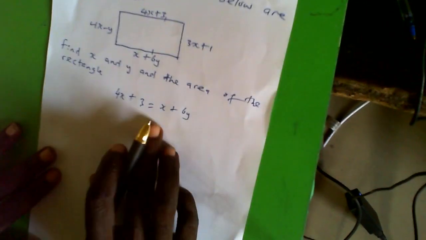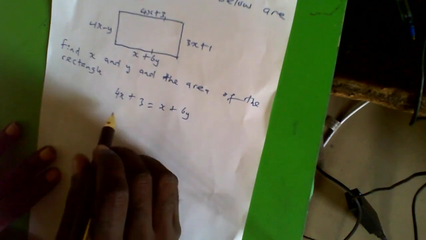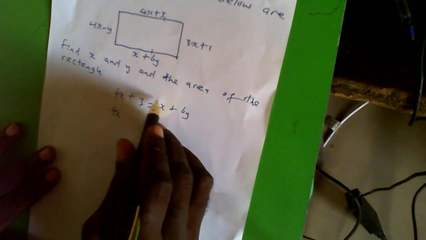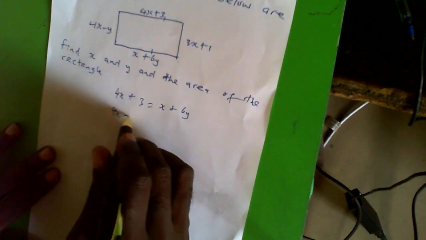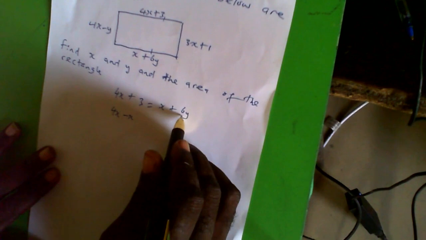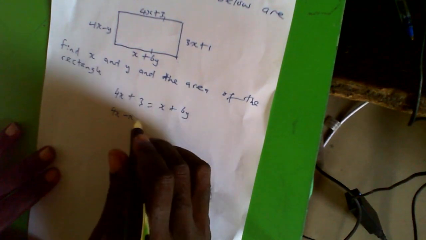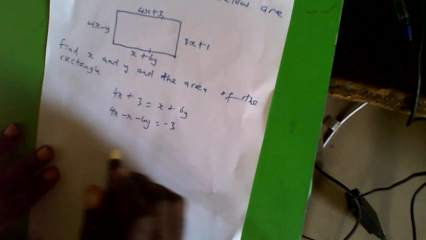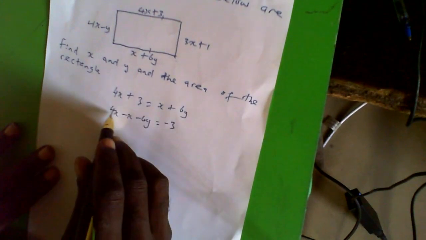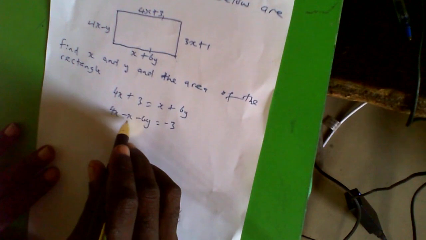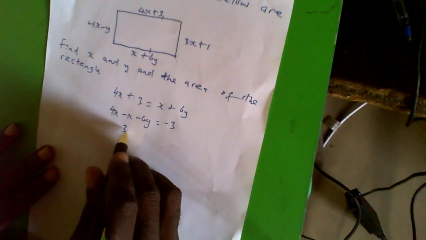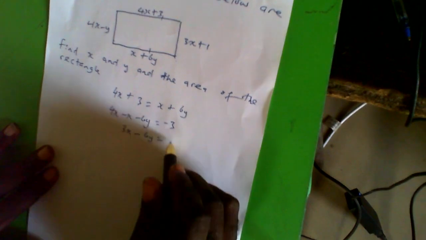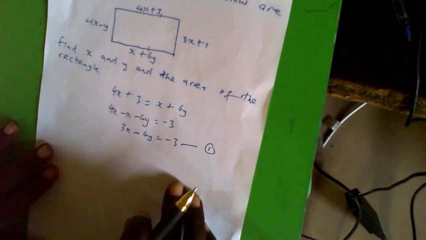Now we collect like terms. We now have 4x; when x crosses the equal sign it becomes minus, 6y becomes minus 6y, and 3 becomes minus 3. So 4x minus x is 3x, then minus 6y equals 3. So this becomes equation 1.